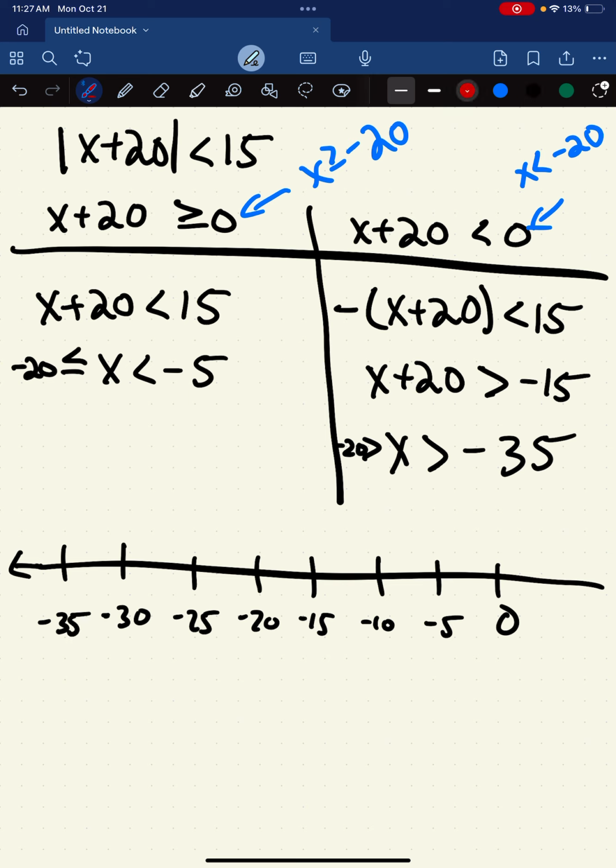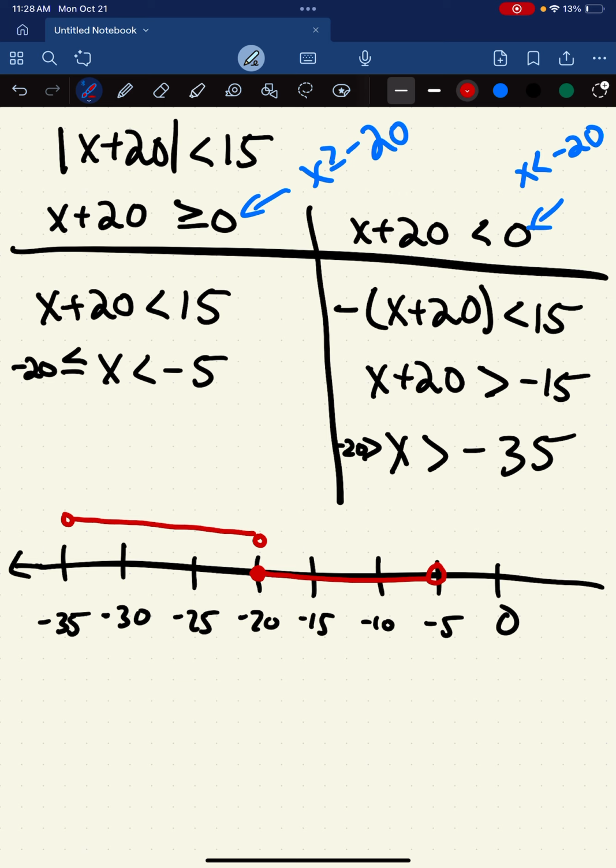So we can be between negative 20, including negative 20, and negative 5, open circle. Or we could be between negative 20, open circle, and negative 35, open circle.